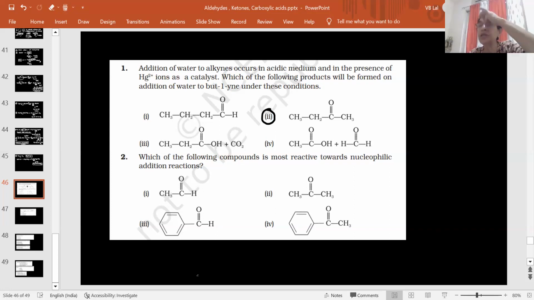No, actually, you should remember aldehydes are more reactive than ketones, first of all. And as the size of the alkyl group increases, the reactivity decreases. So the first one is the most reactive. And if you are comparing ketones also, as the size of the alkyl group increases, the reactivity decreases.